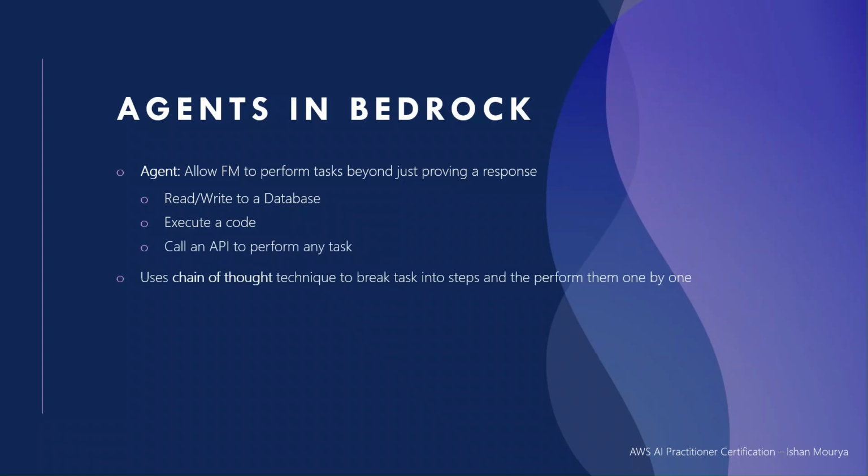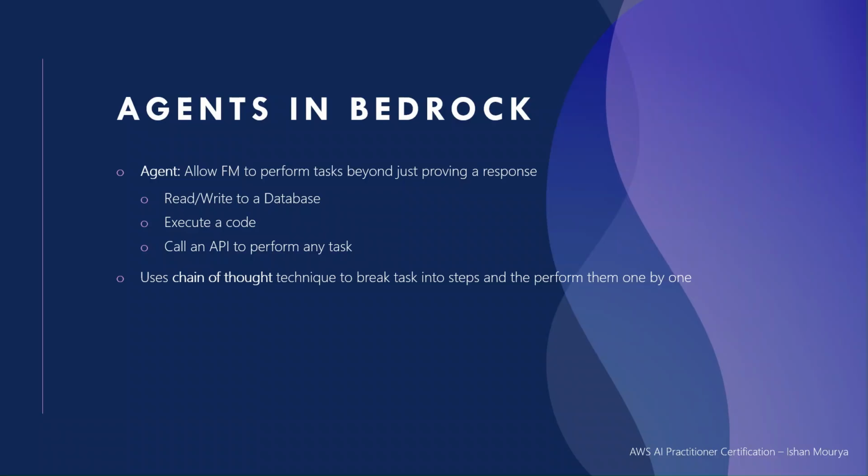Now let's say a user comes there and asks the chat application, I want to cancel my order. So your agent is going to first break the task into multiple steps, and the first step should ideally be getting the order ID. It will ask the user, please provide the order ID.